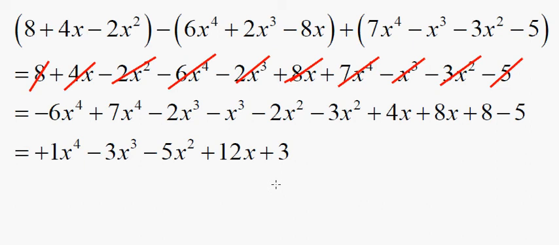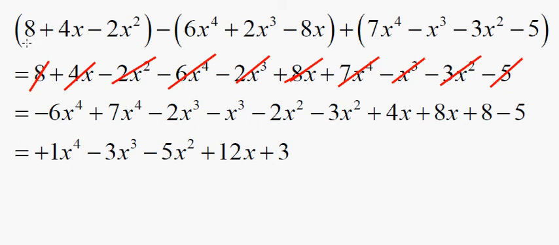So we're done. That's the answer, really. The only thing is we have a little bit of an awkward answer here because we put this plus 1 in here. We don't really need the 1. We could just say plus x to the fourth. We don't even need the plus. We can just put x to the fourth, because usually when we begin an expression, we don't include the plus.